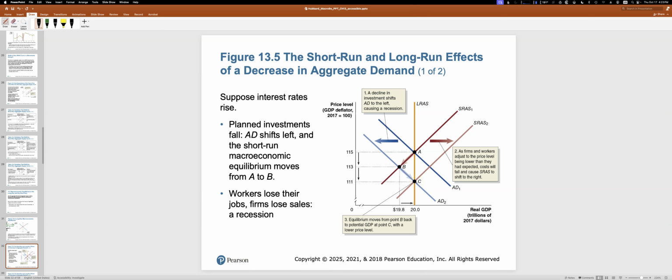So the economy will eventually always go back to its equilibrium, but we might want to speed that process up and just shift the AD curve out. The problem is that just like anything, there's a consequence to it. You can shift the AD curve and get a faster solution, but you end up with permanently higher prices. A has higher prices than C, even though they have the same real GDP level.